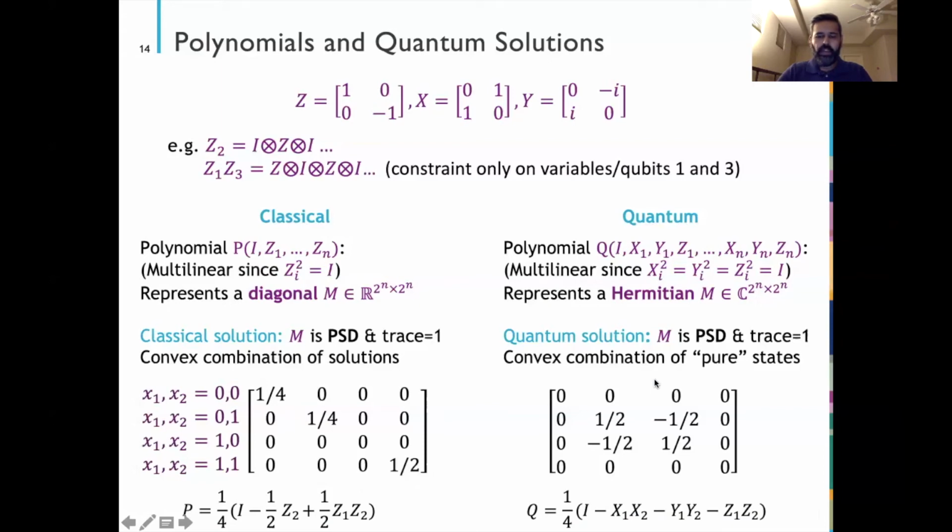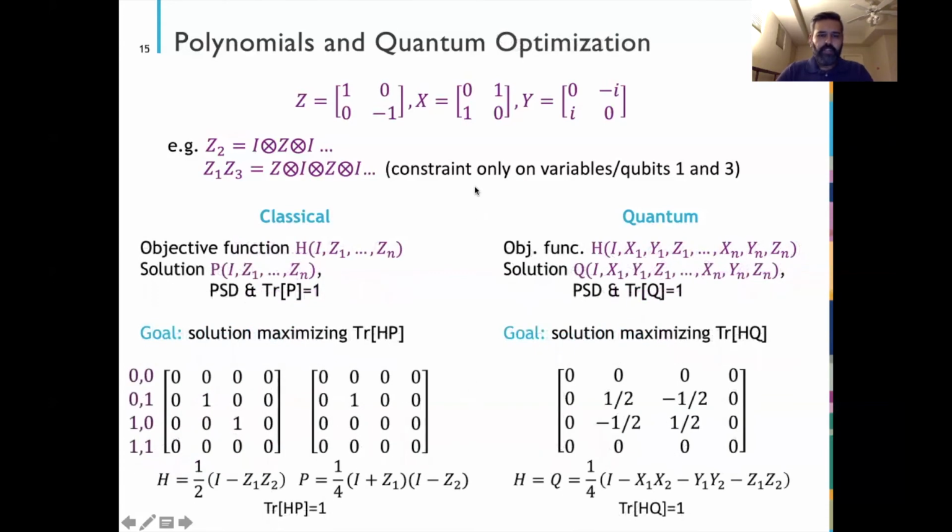In the quantum case, we want the same thing. What this means is slightly different, but the actual conditions are the same: we want the matrix to be positive with trace 1. Now it's a convex combination of rank 1 matrices, which in quantum are called pure states. This example corresponds to the polynomial I minus X1X2 minus Y1Y2 minus Z1Z2. I'll keep using this example.